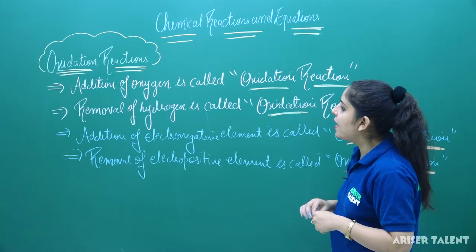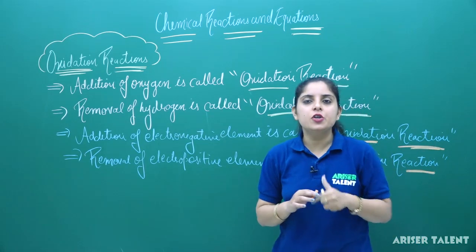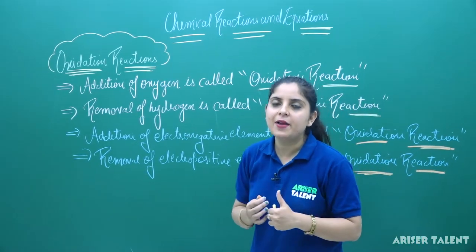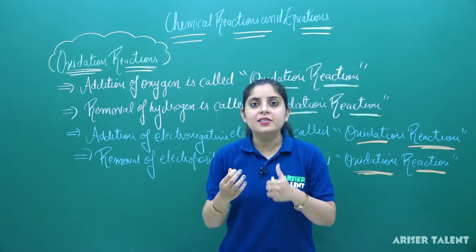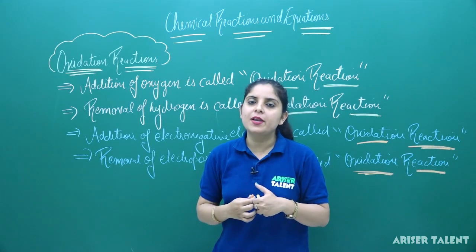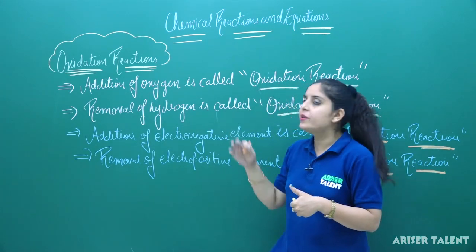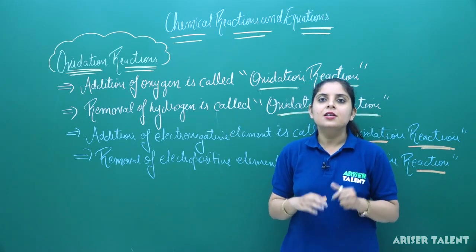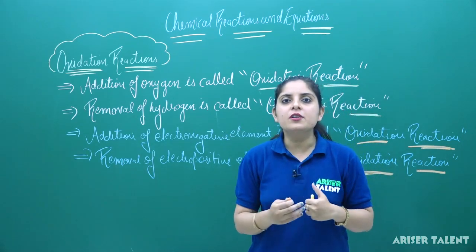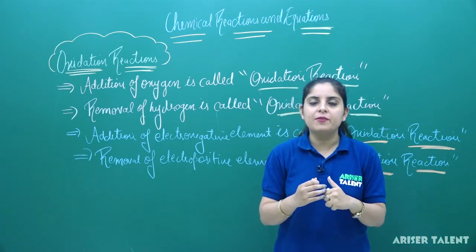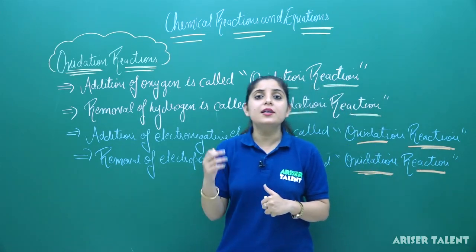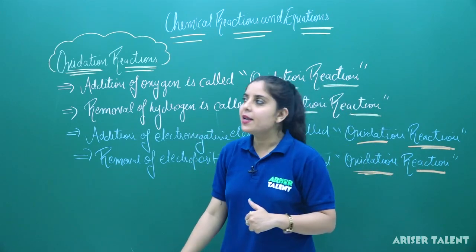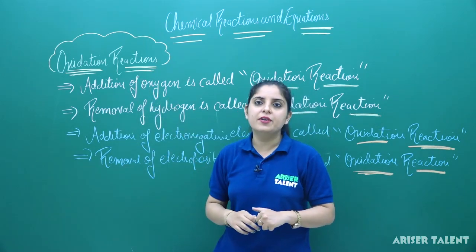So I can say that whenever there is an addition of oxygen or electronegative element, and when there is a removal of hydrogen or electropositive element, we can say that the oxidation reaction is going to occur. Clear? So simply addition of oxygen is the addition of electronegative element. Removal of hydrogen is a removal of electropositive element, and this is the definition of oxidation reaction.